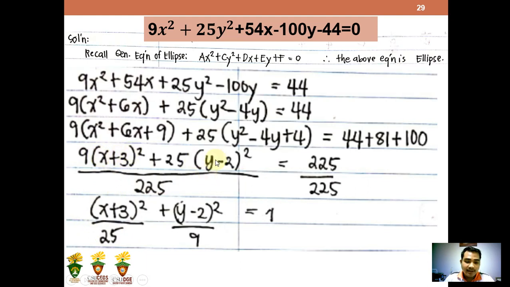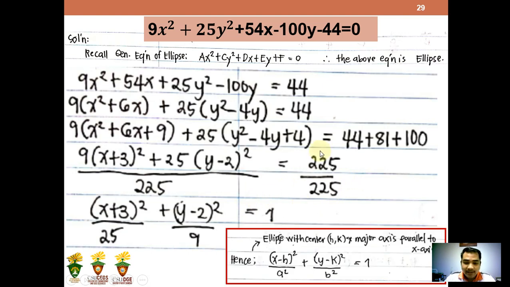For y, 25 divided by 225 is 1 over 9. Then what remains on top is y minus 2 squared, equal to 1.